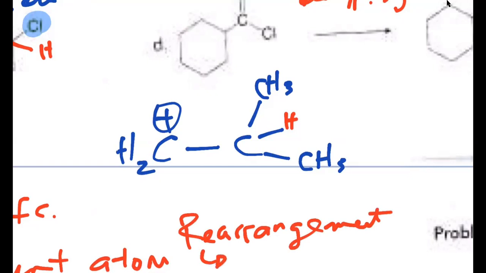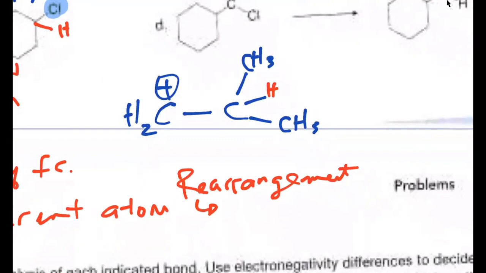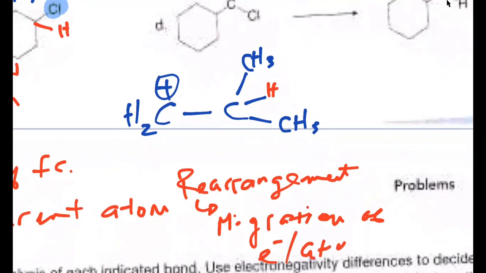A rearrangement is a little bit more complicated, but the basic definition is a migration of electrons and atoms. One of the classic examples of rearrangement is, let me show you what the product is, and then I'll show you what happens.